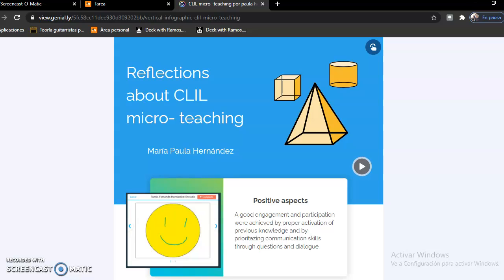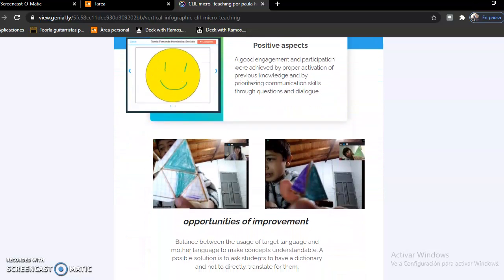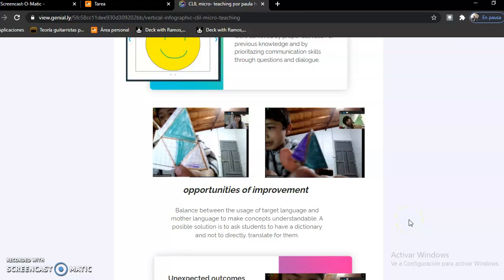So, for my practices, I will work on the balance between mother tongue and English, and also on making more planned sessions, because one of the implications of CLIL is that the teacher should be aware of the content that is going to be taught, mostly because the content does not belong to languages, but maybe to social sciences, biology, in this case maths.